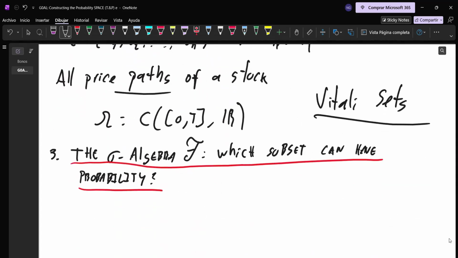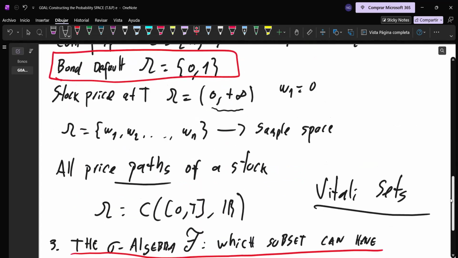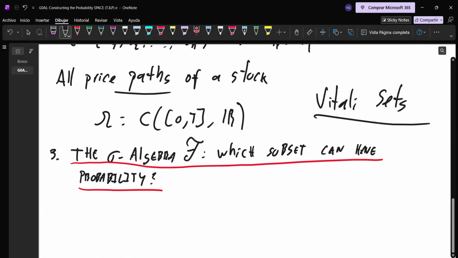But not every subset of omega can be assigned a probability. So we need to specify a collection F of measurable subsets. It's a very important question, the subsets we are allowed to ask about. This is the whole question: why can I do this and why not?